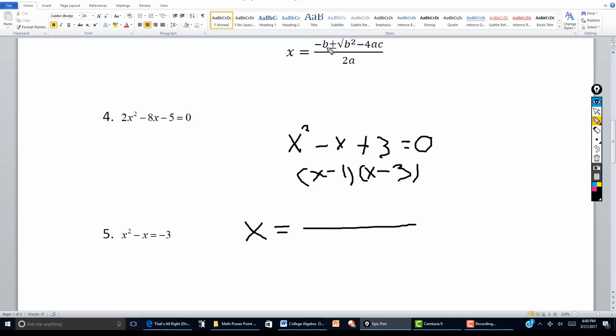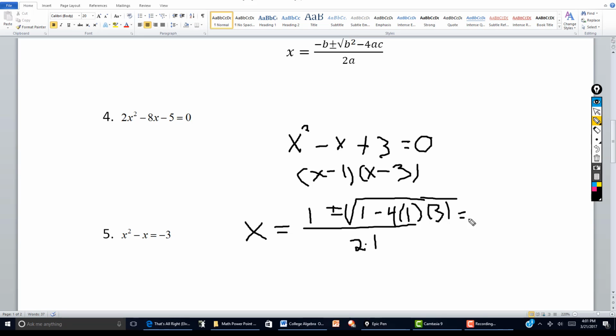So it is right there, negative b, but b is negative 1, so a negative negative makes a positive 1, plus or minus the square root of, okay, and then we look under the radical, it's b squared, and b is negative 1, so negative 1 squared is 1, minus 4, that's part of the formula, times a is 1, times c is 3, over 2 times a is 1, so it's 2 times 1.